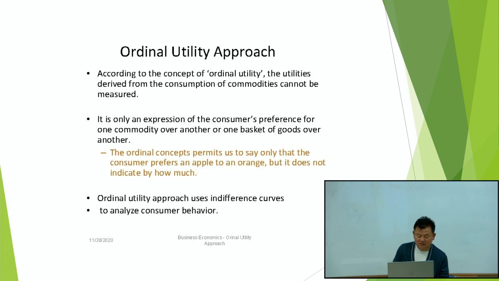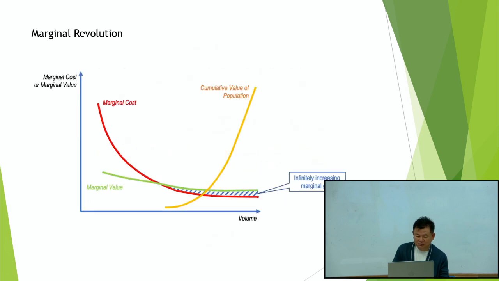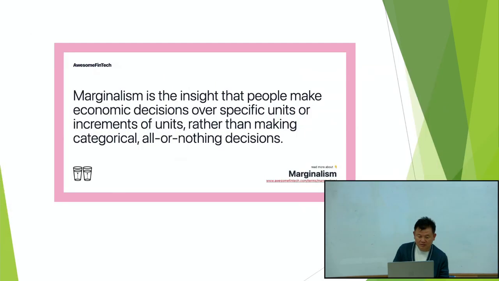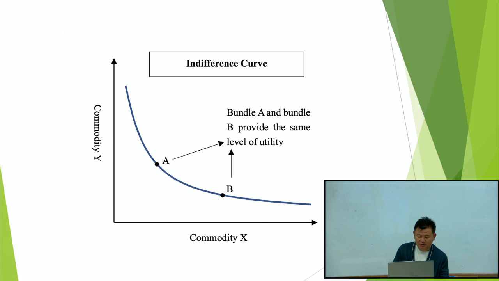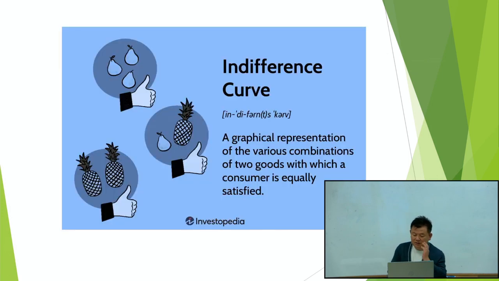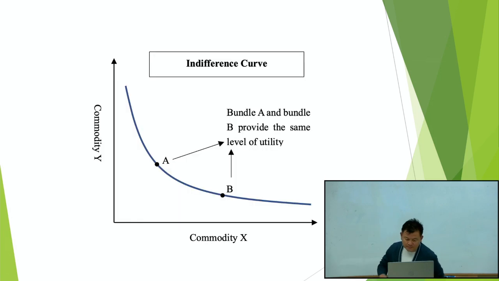So that's why the ordinal utility approach uses indifference curves. Last time I showed you this. Indifference curves are a graphical representation of the various combinations of two goods among which the consumer is equally satisfied. Let me show the graph.